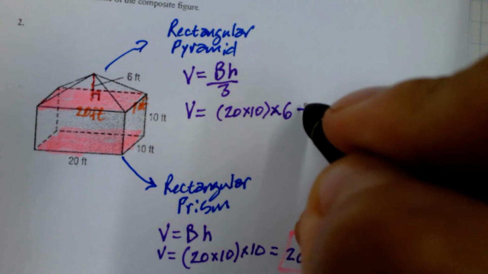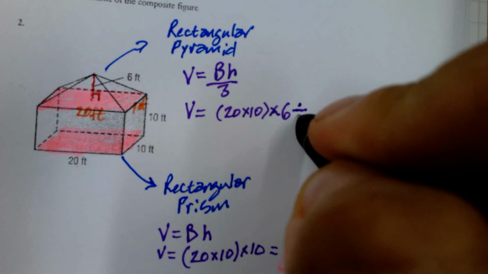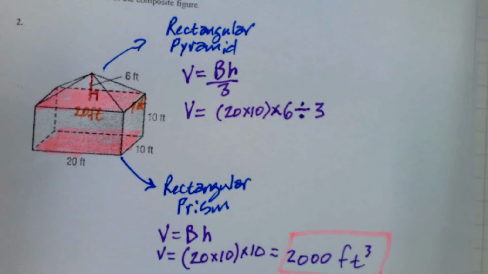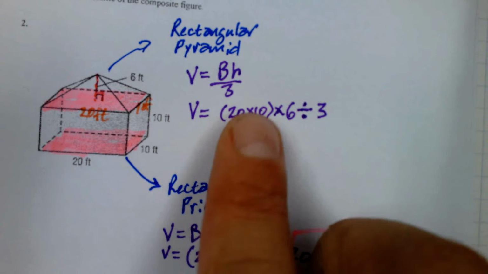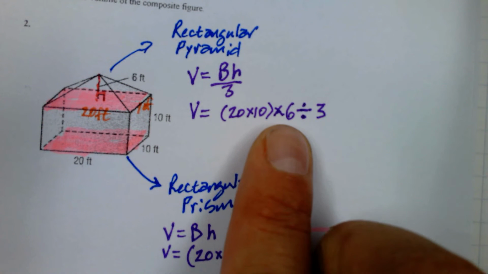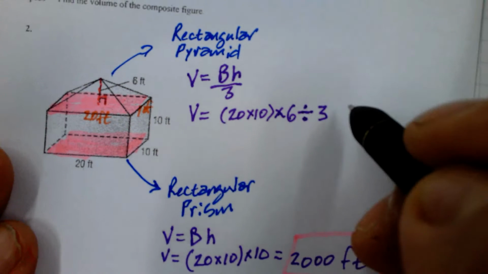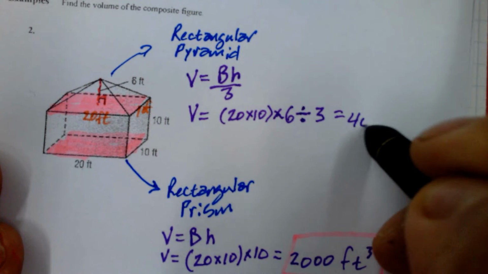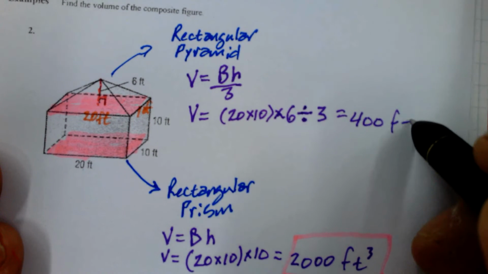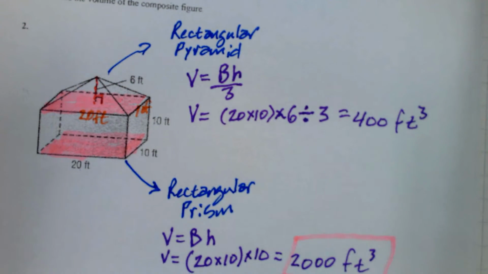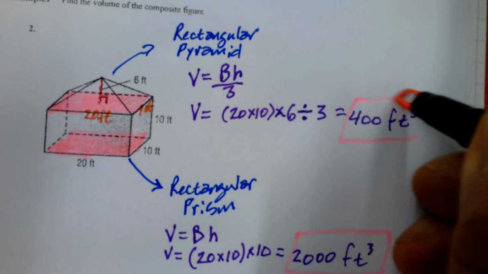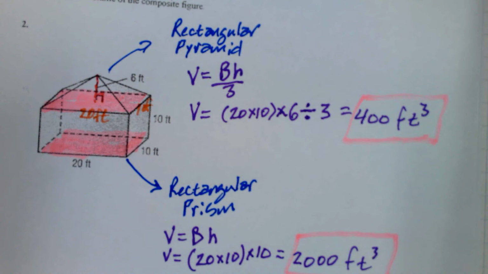And then don't forget the end. Since it's a pyramid, we have to divide by 3. So multiply 20 times 10 times 6, and then divide by 3. 400. Wow, that was quick. That's even better. 400 cubic feet.